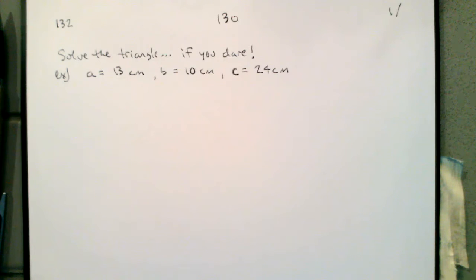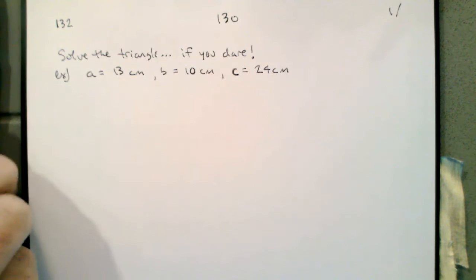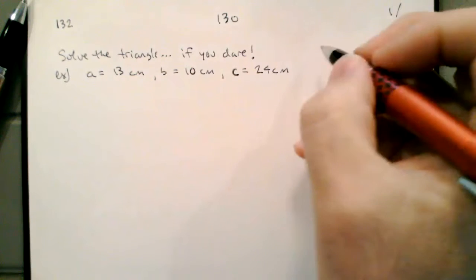We want to solve the triangle, and we're given three sides of the triangle. So we're going to use the law of cosines to solve the triangle. We have the SSS case.